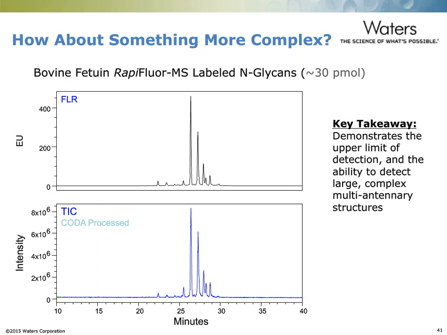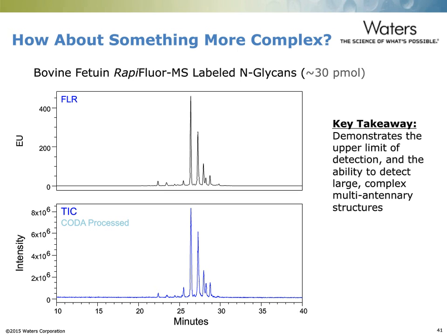Now, as Steve had mentioned, not everyone works specifically with IgG structures. So if we revisit a sample that we had seen just previously, which is the released glycans from bovine fetuin, again, we get very good fluorescence and MS information from the QDA, indicating that we can see those larger, highly antennary structures.